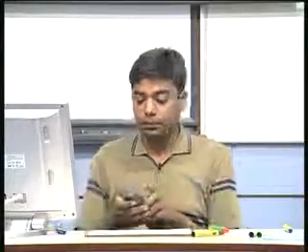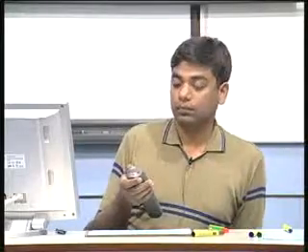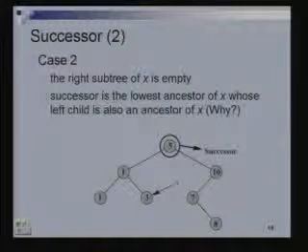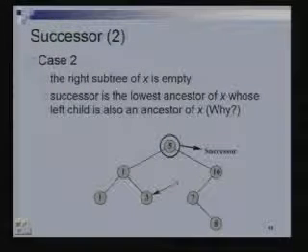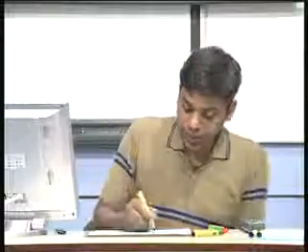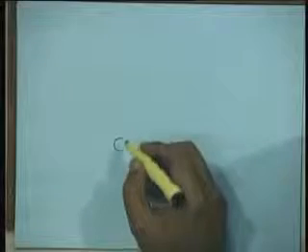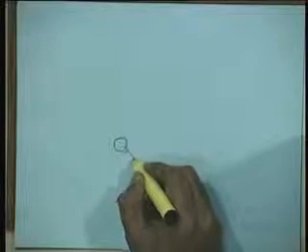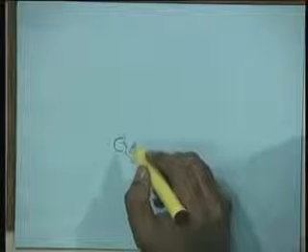Because we go to the right. So the right of this parent will be having the numbers greater than this. So once again, recall the procedure. I am searching for the successor of this node. The right subtree is null, there is nothing to the right.